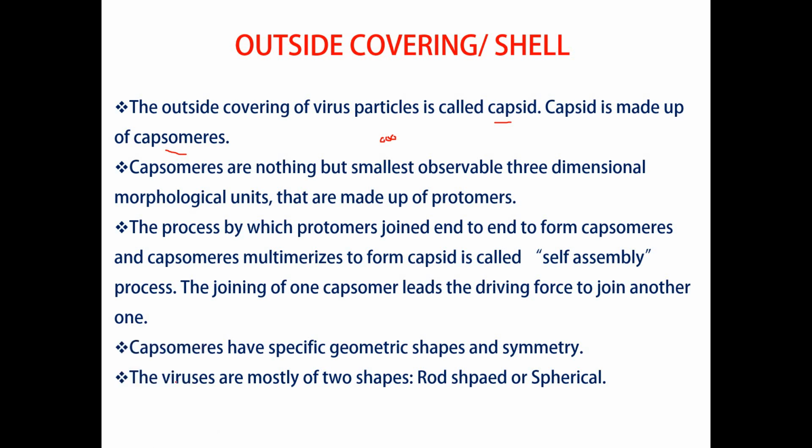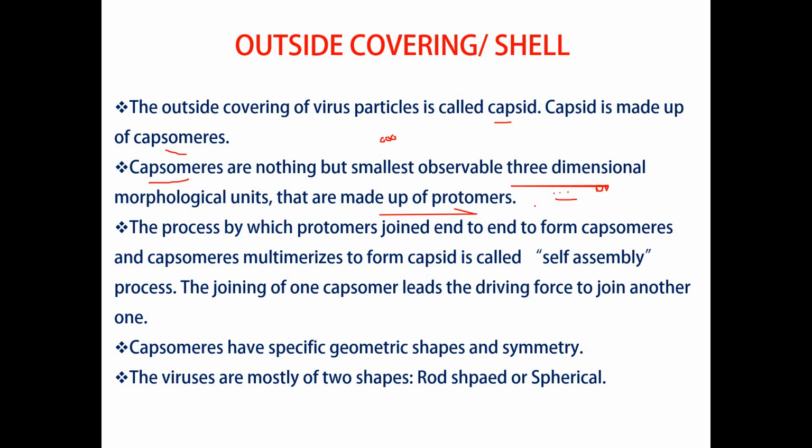And again, these capsomers are made up of some further smaller units which are called the protomers. The capsomers are the smallest observable three-dimensional morphological units, but capsomers are again made up of protomers. So simply the smaller units, the protomers, join together to form a capsomer, and these capsomers are joined together to form a capsid.